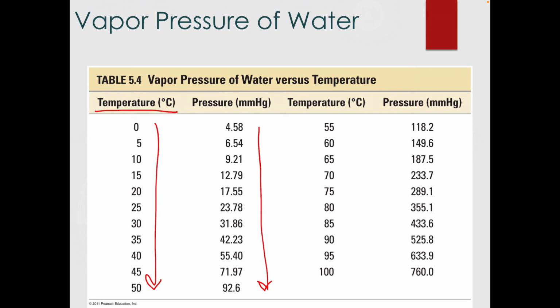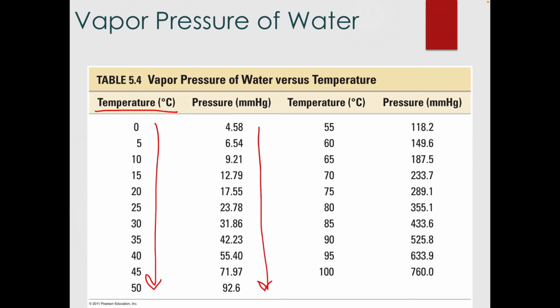And this should make sense, right? As we increase our temperature, more and more of the water will start to evaporate, will start to go into the atmosphere or into whatever headspace we have. That's because the interactions between the water molecules are going to be less at higher temperatures. So as we increase the temperature, we increase the vapor pressure of water.